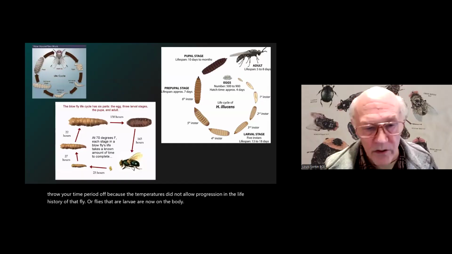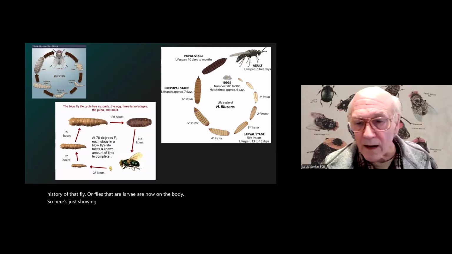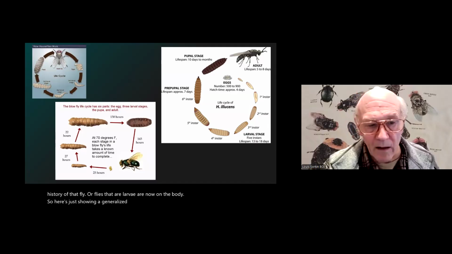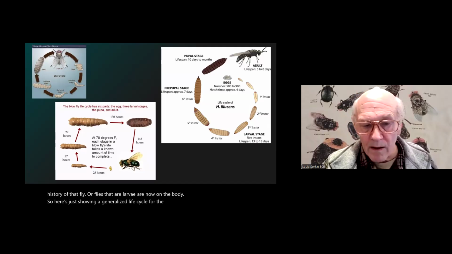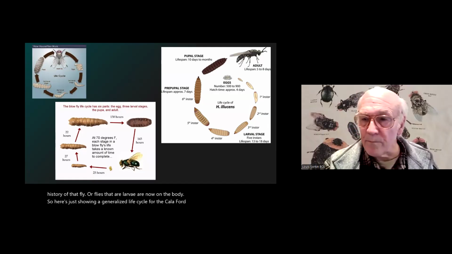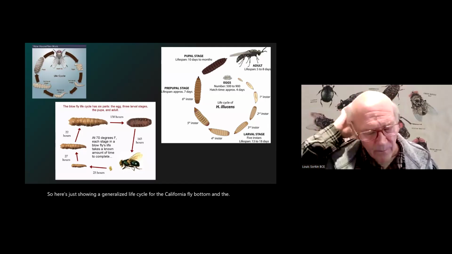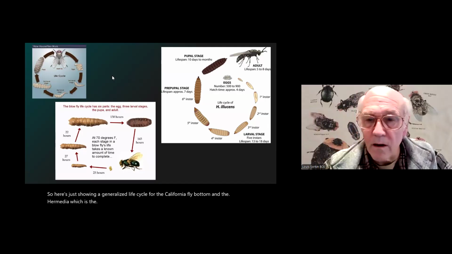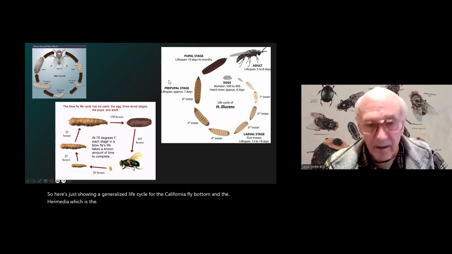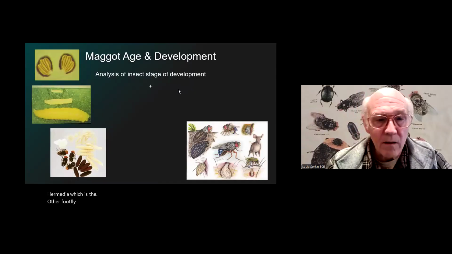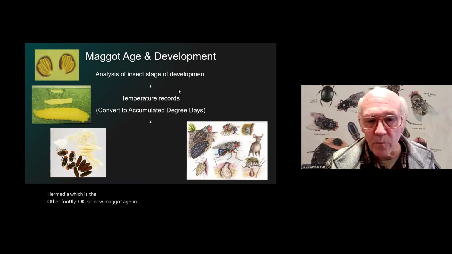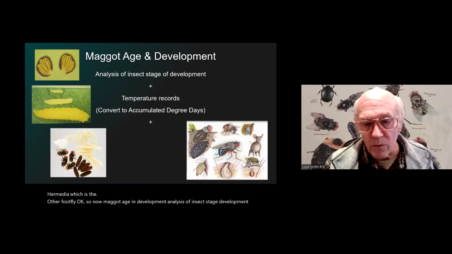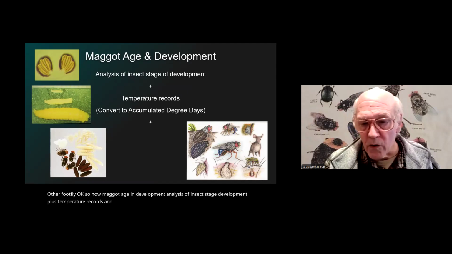So here's just a generalized life cycle for the calliphorid fly on the bottom and the Hermetia, which is the other fly. Okay, so now maggot age and development: analysis of insect stage of development plus temperature records, and that will convert to accumulated degree days.